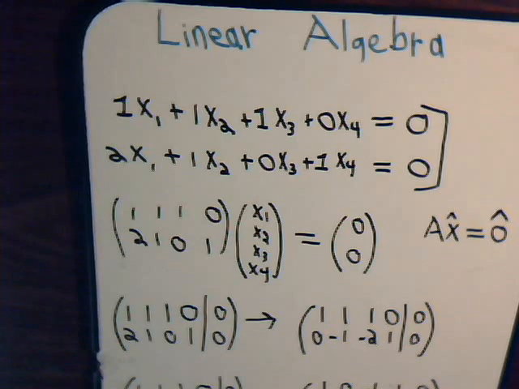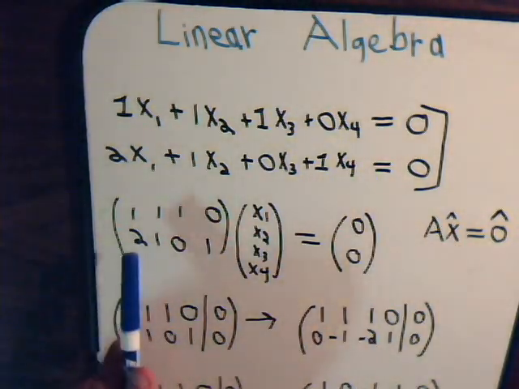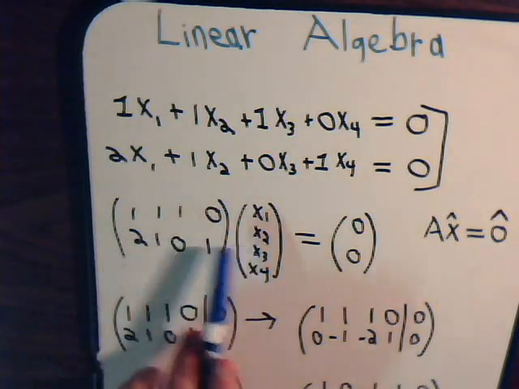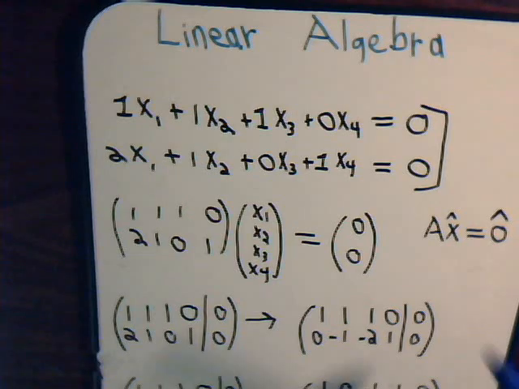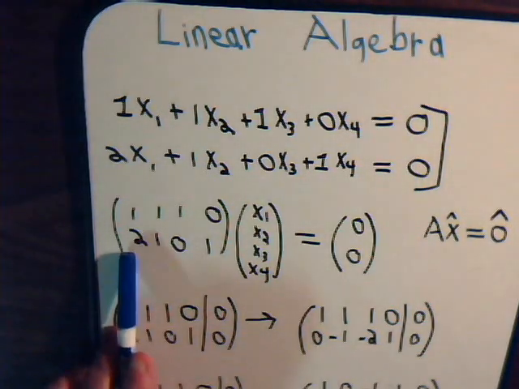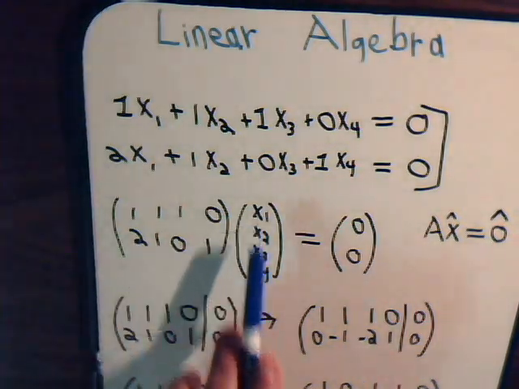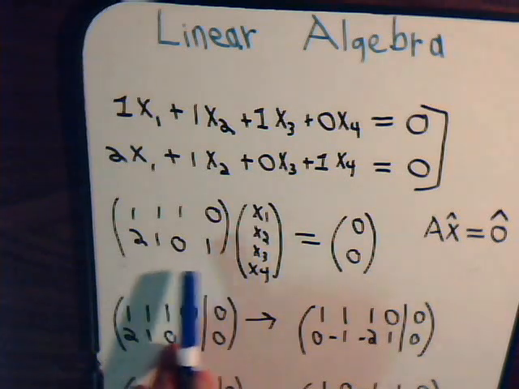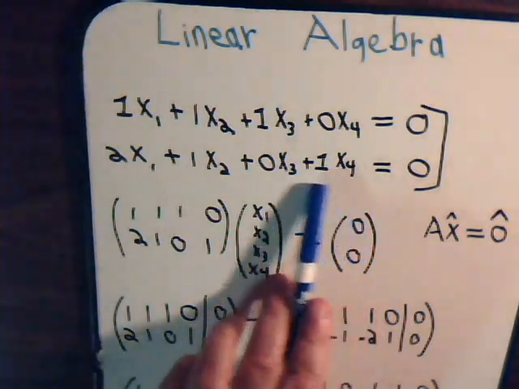If we multiply this out, indeed we get x1 plus x2 plus x3 plus 0 times x4 equals 0, same as this. And going across and down, 2 times x1 plus x2 plus 0x3 plus x4 equals 0.